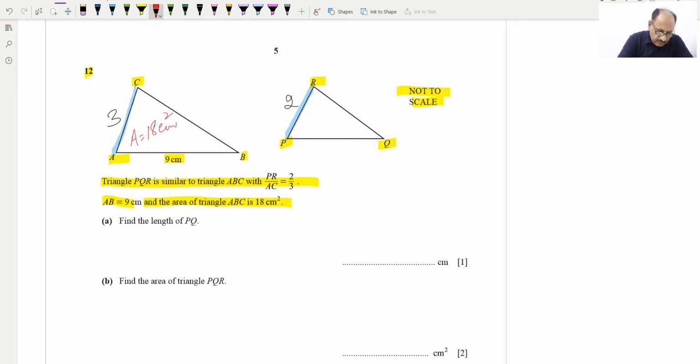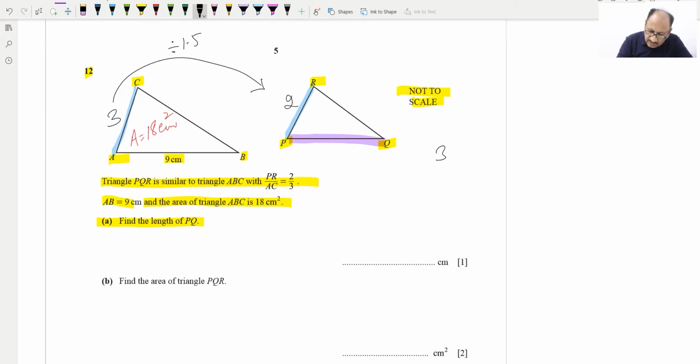And what we have to do in part a is find the length of PQ. So this length is required. What we can do is check the ratio of this and this. If we divide 3 by 1.5, we will get 2.